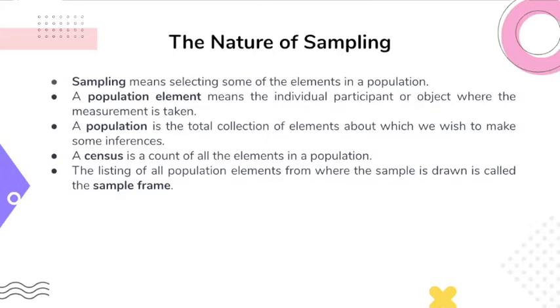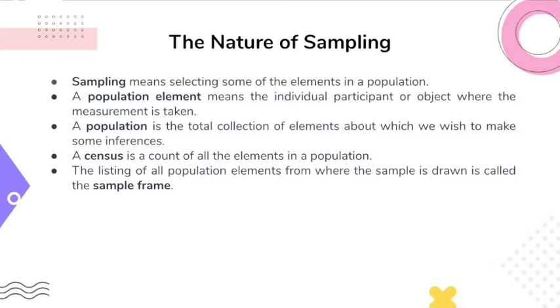For example, each advertising account analyzed is an element of an account population, and each advertisement is an element of a population of advertisements. So the population element is basically the targeted group of our sample, of our research within a population.